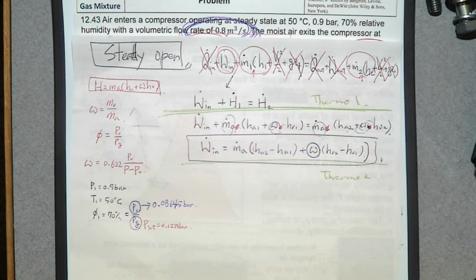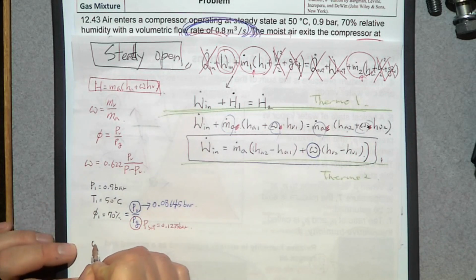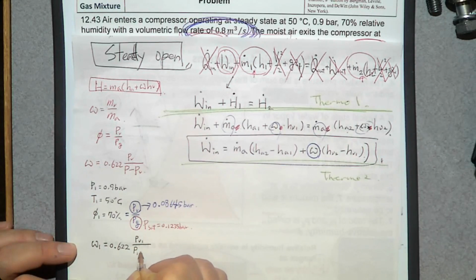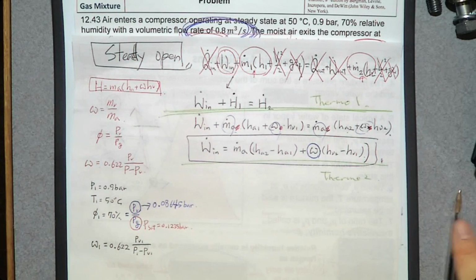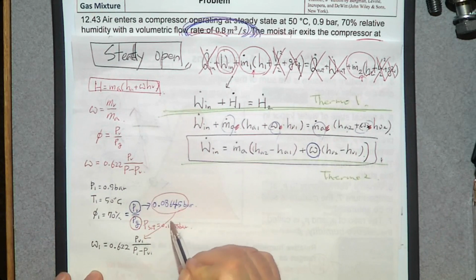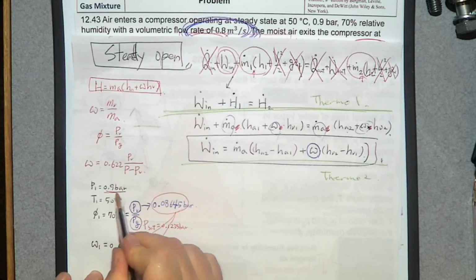Then once you know PV, can you determine omega? Yes, we can. The omega equation is here. So omega 1 is 0.622 PV1 over P1 minus PV1. We already found PV, so this one goes in here. What is P1? 0.9.